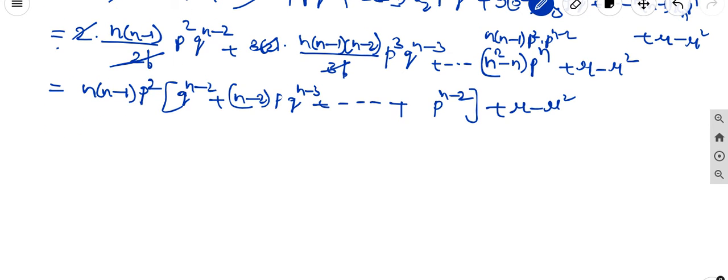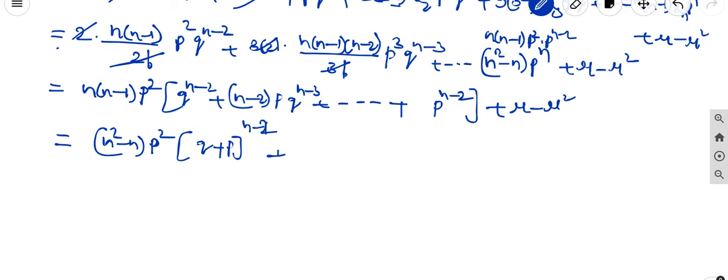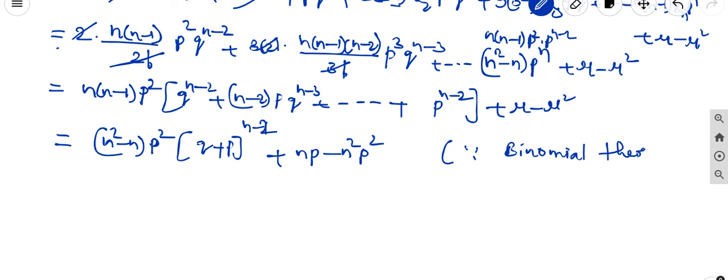Here this is the binomial representation, n square minus n into p square. From the binomial theorem it can be written as q plus p whole power n minus 2, plus np minus n square p square. And p plus q is equal to 1, so 1 power n minus 2 is also 1.